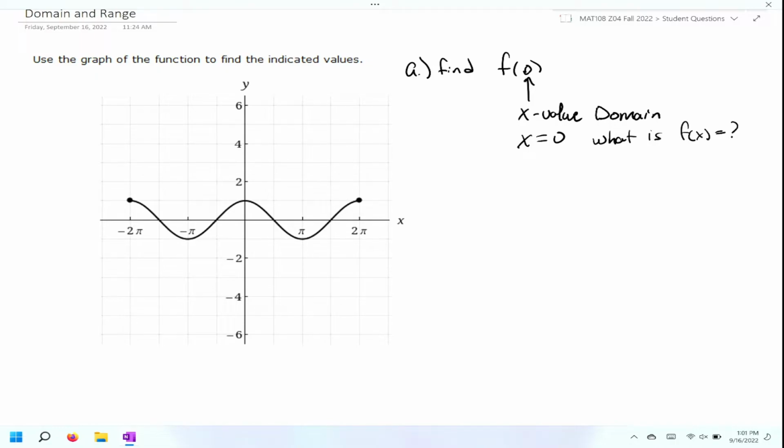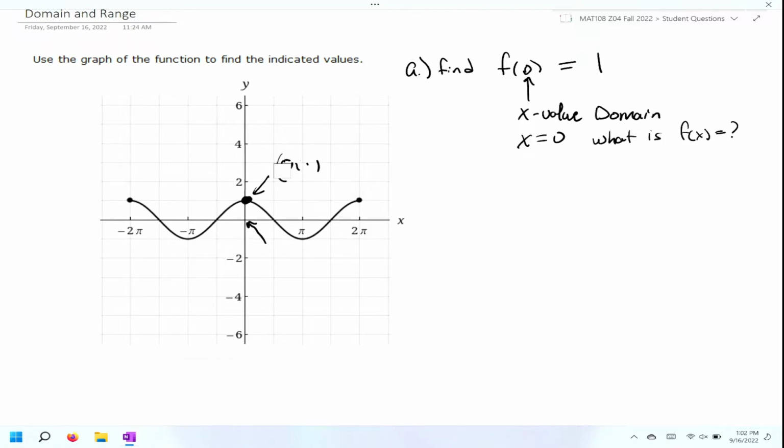I come over to my graph. Right here is where x equals 0, and notice the point is 0, 1. So f of 0 equals 1. There's our first example. Your problem may be a little different, but the idea is exactly the same. You go to x equals 0, then go to your graph, and tell me what the y value is right there.